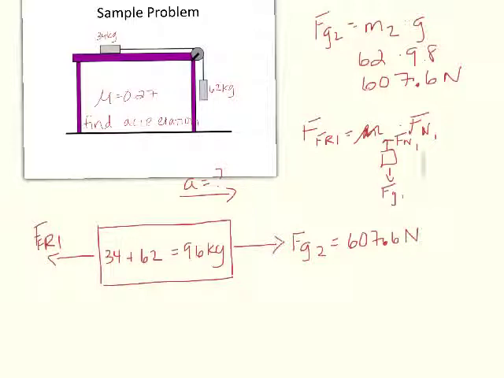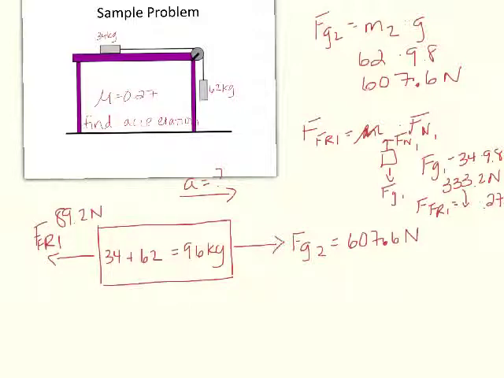So Fg1 will be 34 times 9.8, or that ends up being 333.2 newtons. So force of friction 1 is equal to that number times 0.27, which ends up being 89.2.